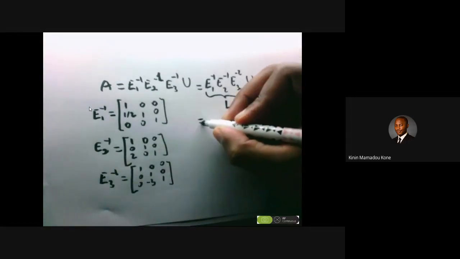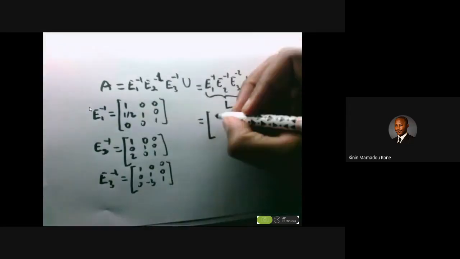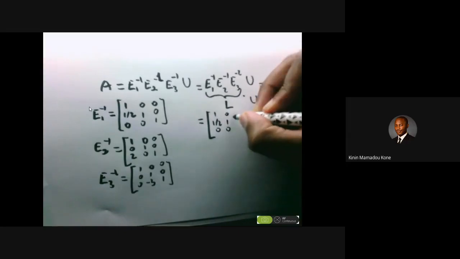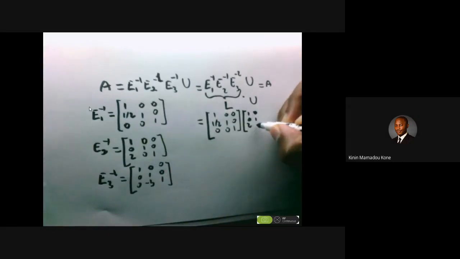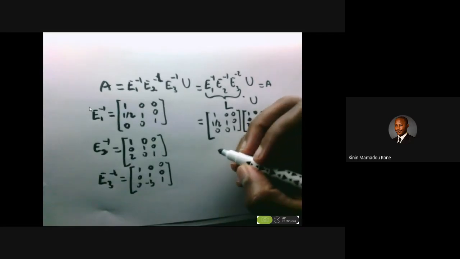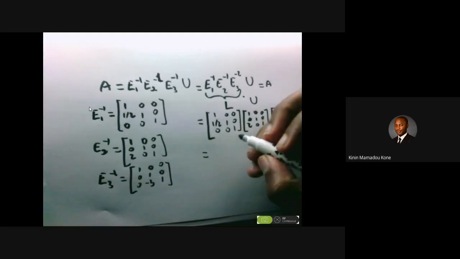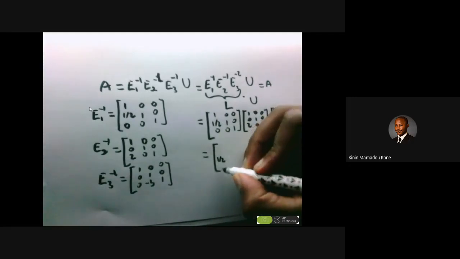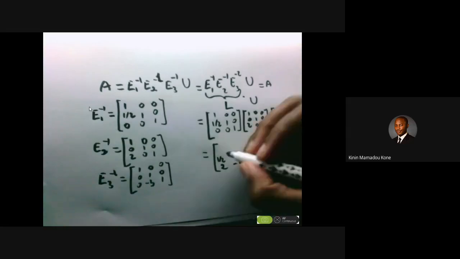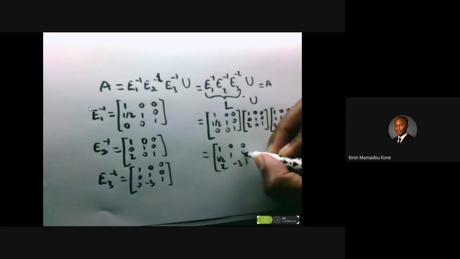Okay, so if I do E1 inverse, 1, 1/2 here, 0, 0, 1, times E2 inverse, which is this one, times E3 inverse, which is 0, 0, 0, 0, 1, negative 3, and 0, 0, 1, that will be equal to the L matrix, which was 1/2, 2, negative 3, and 1, 1, 0, 0, 0, 0.